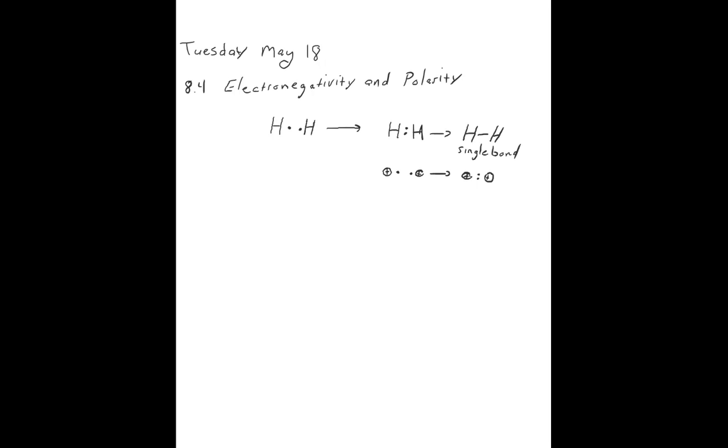Now, it turns out there's an interesting property of the elements. So all elements have properties, right? They have densities, state of matter, color, conductivity of electricity, conductivity of heat. The elements have properties. They have an interesting property, which is called electronegativity.